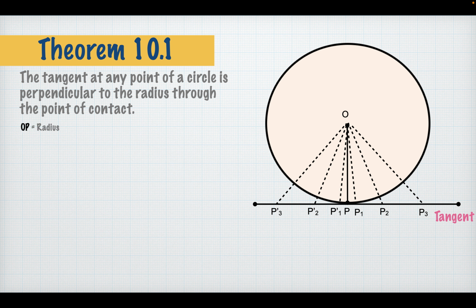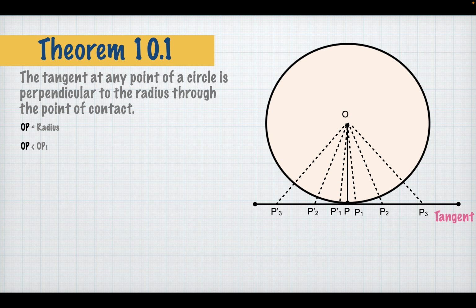OP is the radius here, and now I want to compare it with OP1 dash, or OP1. You can do any one. OP is always going to be less than OP1. Why? Because P lies just on the tangent, where the tangent is touching the circle. So it is at the boundary of the circle, which means OP is the radius.